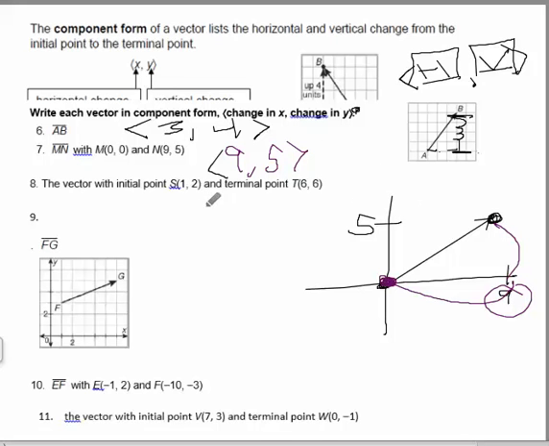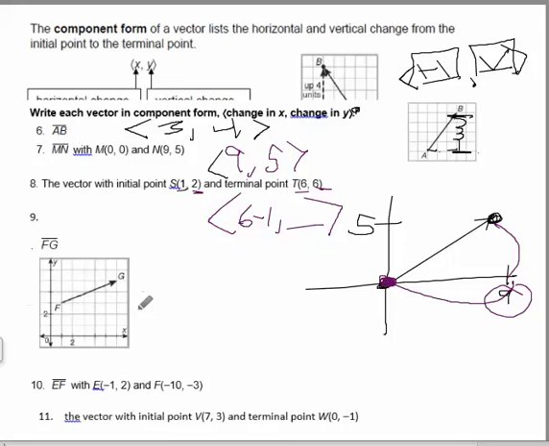Do the same thing for number 8, except this time our initial point started at 1 for the horizontal and goes to 6, so you'll have to subtract. You'll take 6 minus 1 to get the horizontal, and then the vertical part started at 2 and went up to 6, so you have to figure out what 6 minus 2 is and put that in for the vertical.